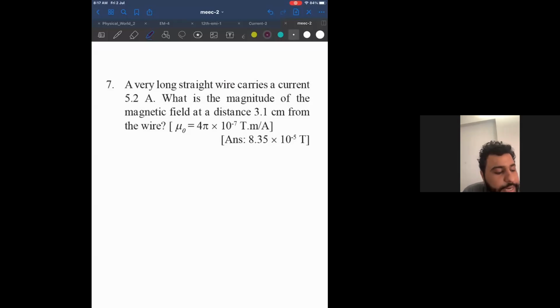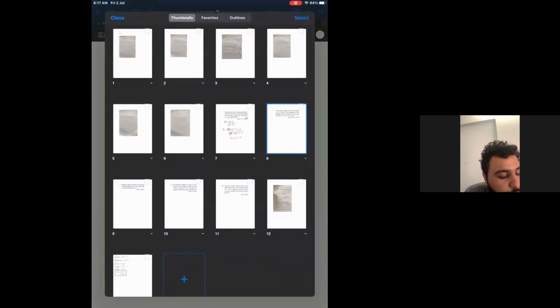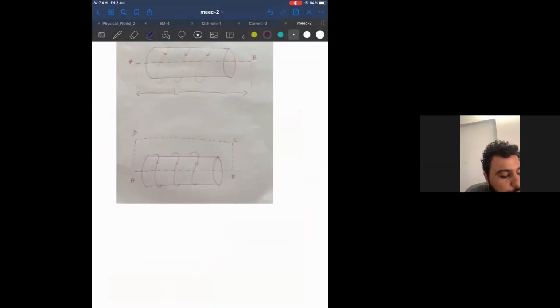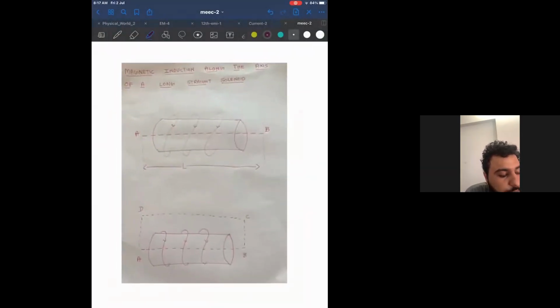Now, I will show you the diagram of a solenoid. I will draw on this so that you understand. Don't write anything, just listen. The application is magnetic induction along the axis of a long straight solenoid. Is that clear?